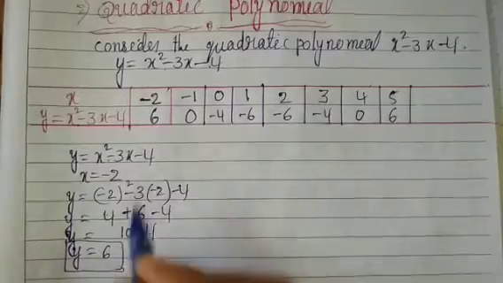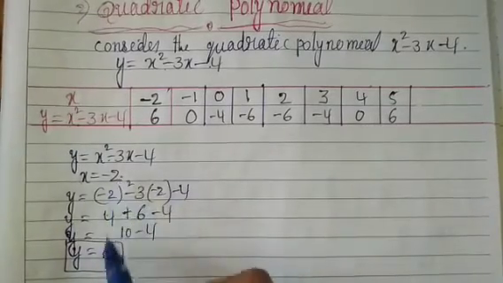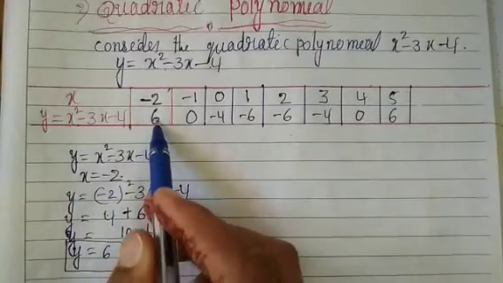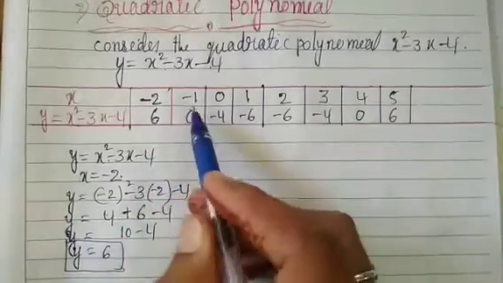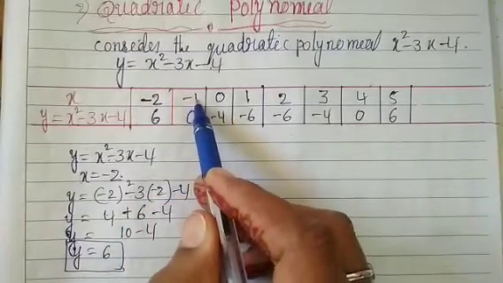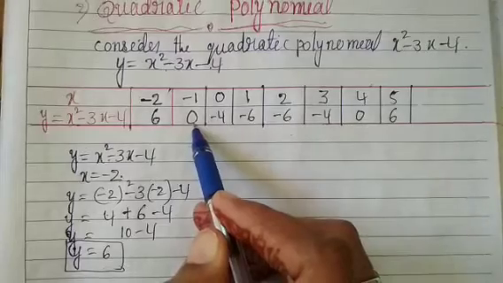Here, for x is equal to minus 2, we obtain the y value 6.